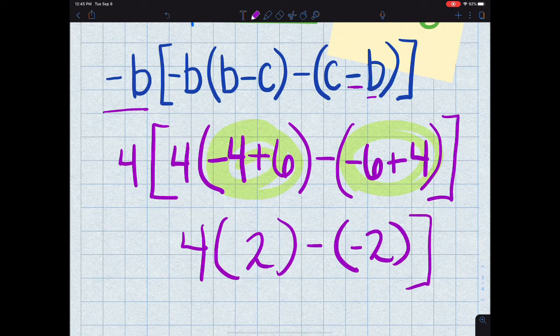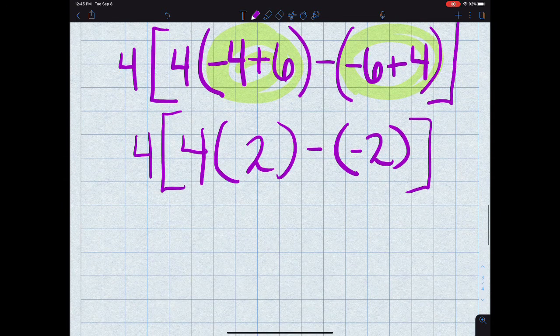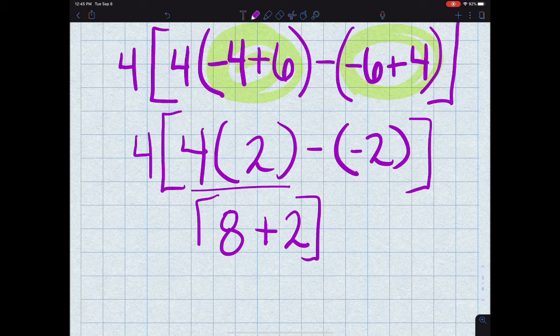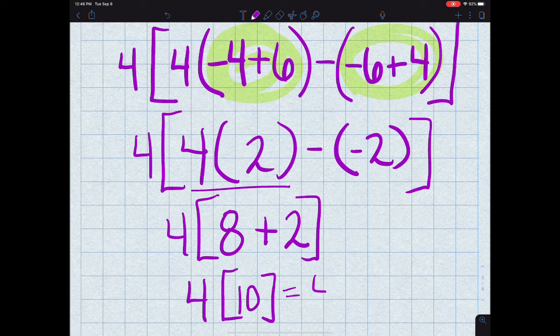We're going to bring down everything else. Okay, so this is going to be 4 times 2 is 8, plus 2 this time. So it's all going to simplify to 4 times 10, which is 40. And that's what they got.